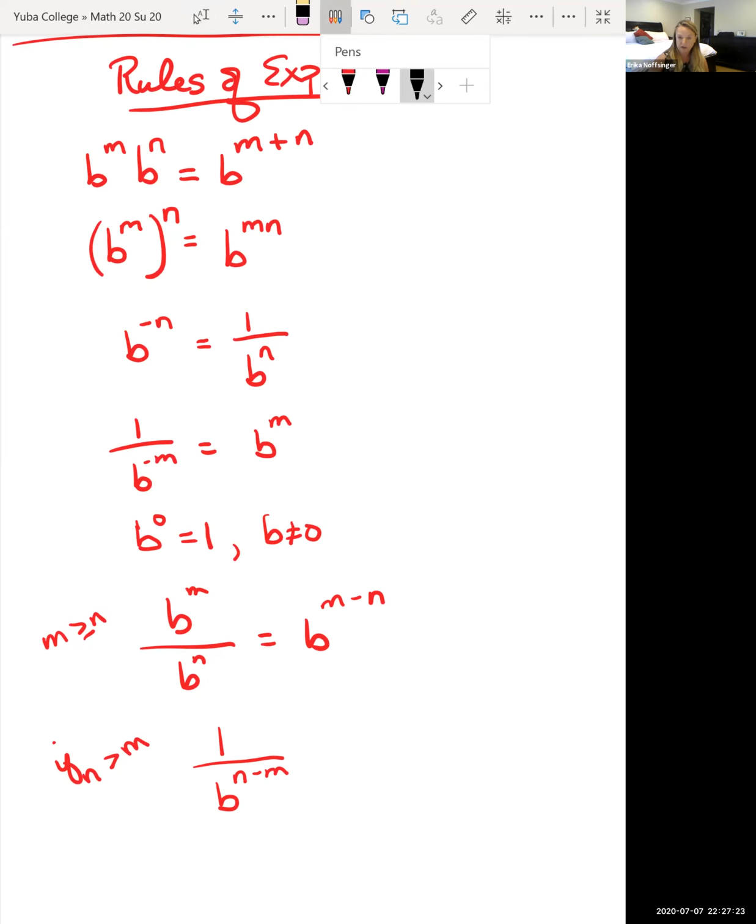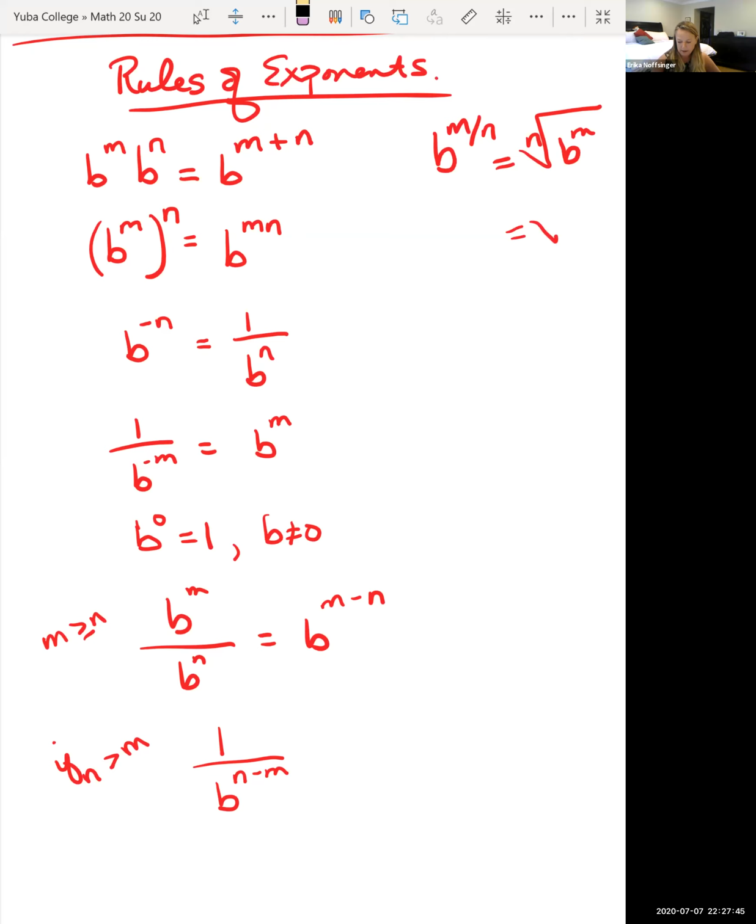If not, make sure you do. Oops, actually one more, and we already referred to it today, was rewriting a rational exponent as a radical. If you had b raised to the m divided by n power, this is equal to the nth root of b raised to the m.